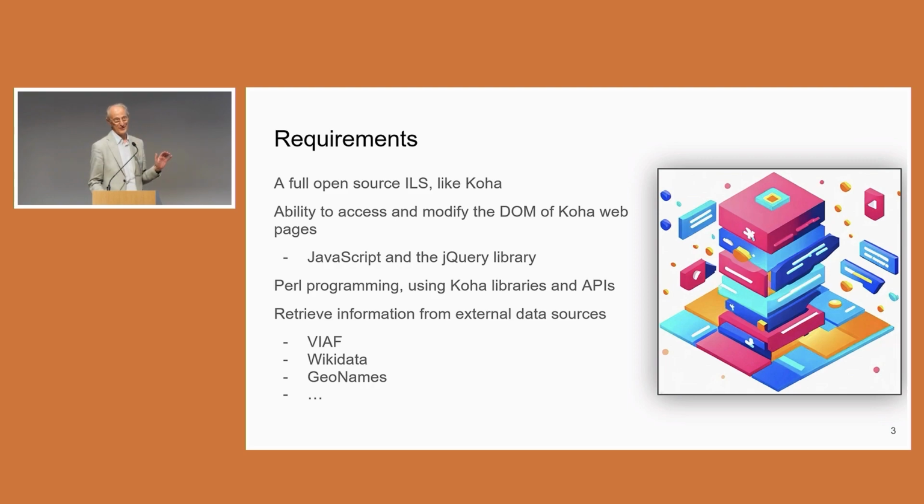This is not for catalogers, of course, but for the technical basis that can help you to understand that we can do a lot of things, many things that you can ask for, because the Koha environment is very flexible. Not only is it open source, which is the main reason that it is flexible, but it is also quite simple for developers to modify, to enhance and introduce something that will help a lot your work.